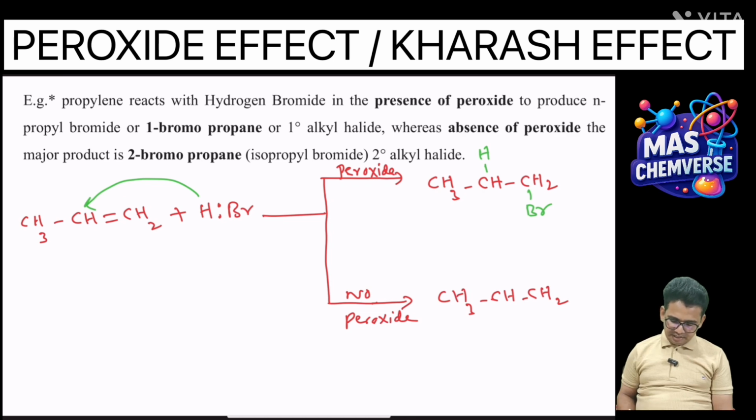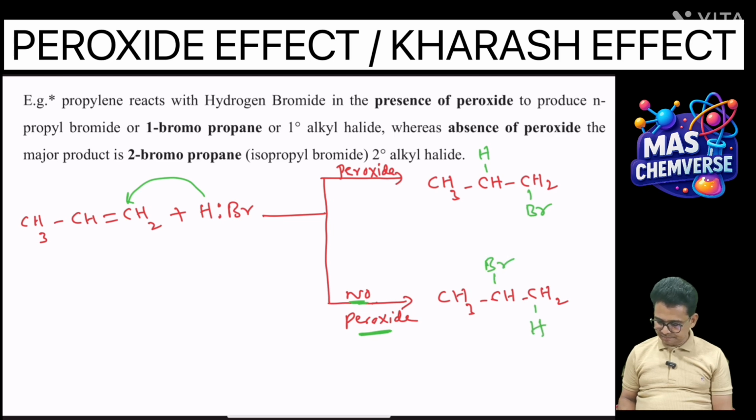In this case, no peroxide, means according to Markovnikov's, hydrogen goes to the carbon which has more hydrogens. In the absence of peroxide, hydrogen goes here, then bromine here, producing the secondary alkyl halide. A secondary alkyl halide is possible when there is no peroxide.